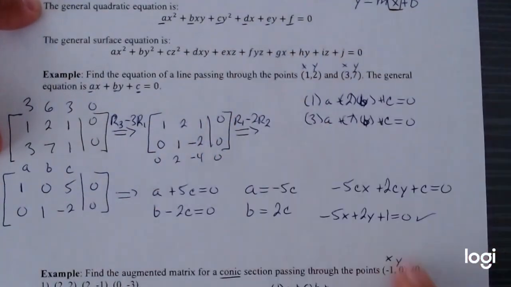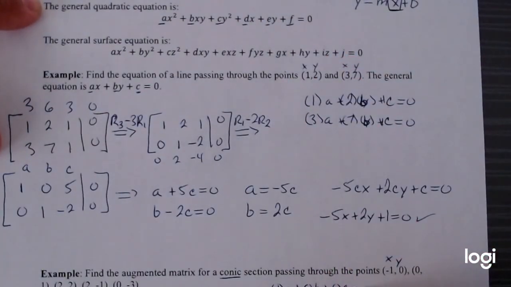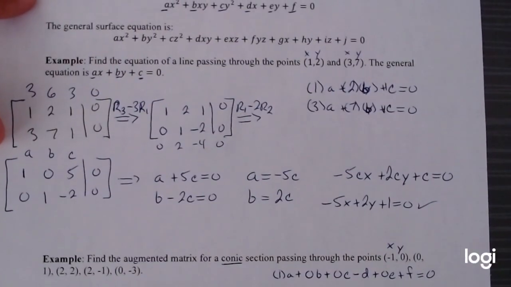Next one is y squared, so 0 squared is just 0, so it'll be 0c. Plug in negative 1 for x, it gives me negative d, or negative 1d. Plug in 0 for y, that gives me 0e. And then finally f is by itself. So that is going to be our first equation.